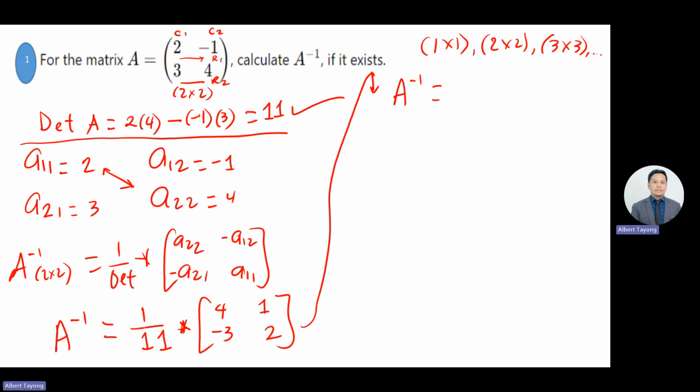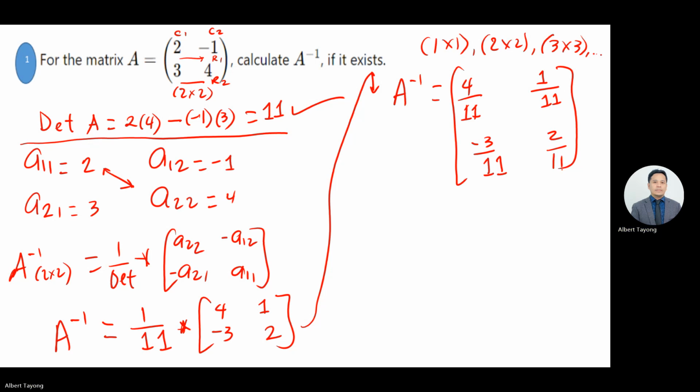We multiply 1 over 11 and 4, that becomes 4 over 11. And here we have 1 over 11. That is 1 over 11 times 1, and -3 over 11, that is 1 over 11 times -3, and 2 over 11.